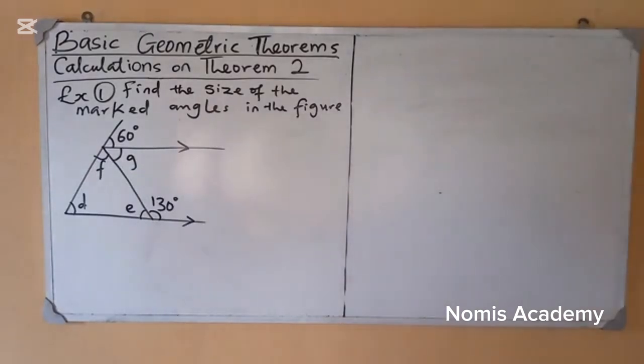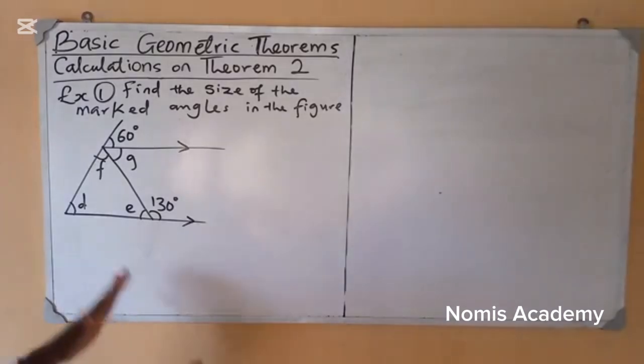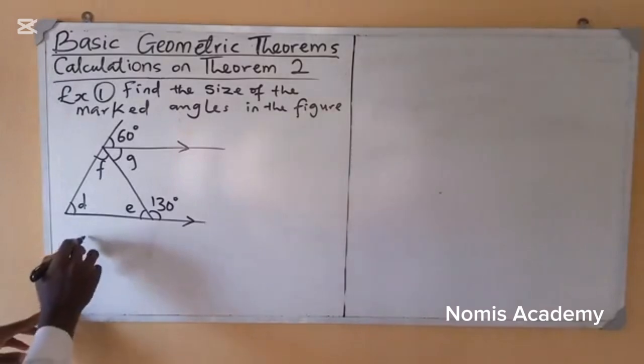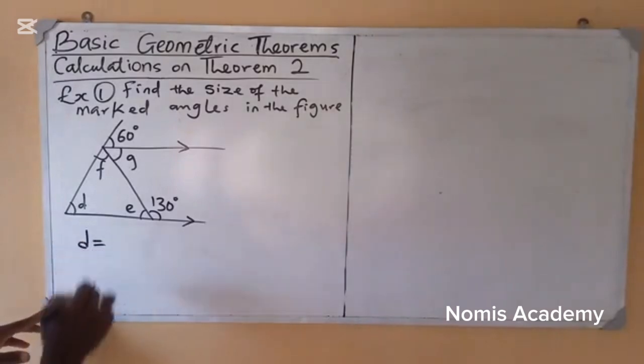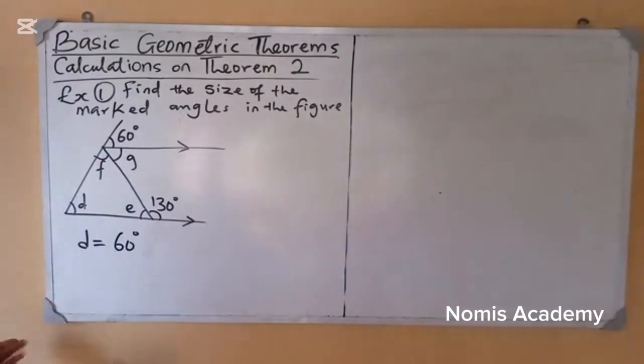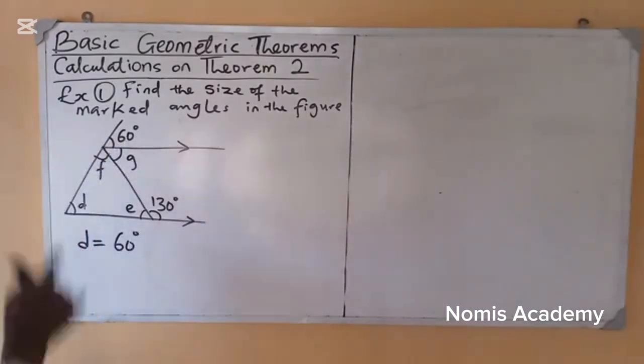So let's start with the first one, and we are going to state reasons for every calculation we make. Let's start with D is equal to 60 degrees. Why is D equal to 60 degrees?